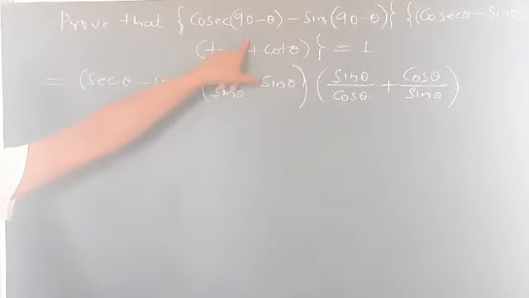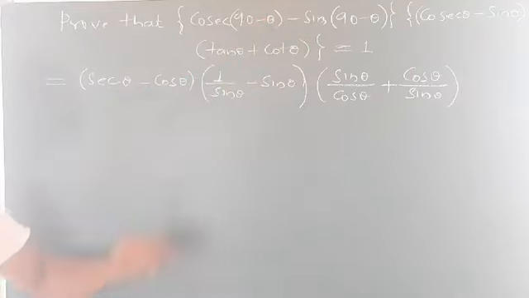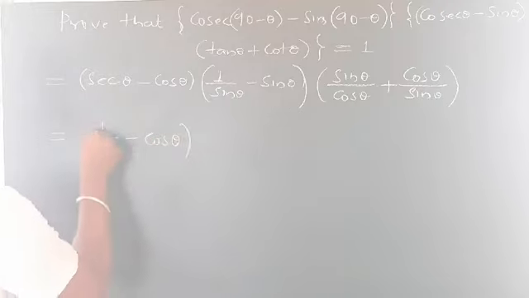Cosec of 90 minus theta is nothing but sec theta, and sin of 90 minus theta is nothing but cos theta. For the next step, sec theta minus cos theta: I'll write sec theta as 1 by cos theta, minus cos theta.